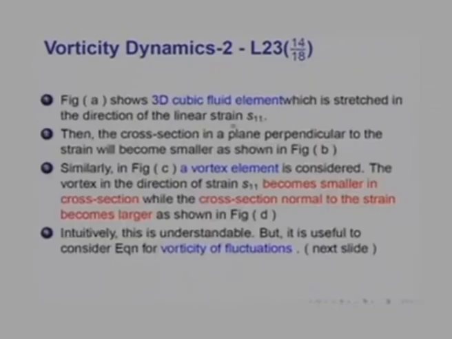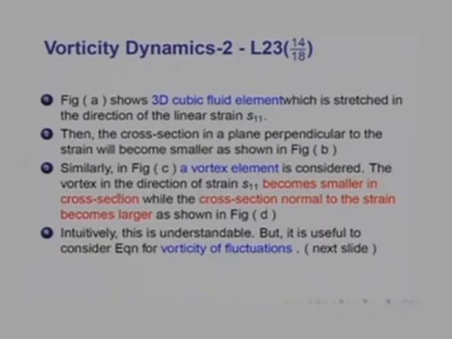Figure A shows a 3D cubic element which is stretched in the direction of the linear strain S11. Then the cross section in a plane perpendicular to the strain will become smaller, as shown in figure B. Similarly, in figure C, I now consider a vortex element rather than a cubic element.